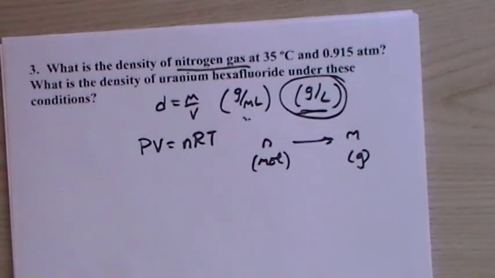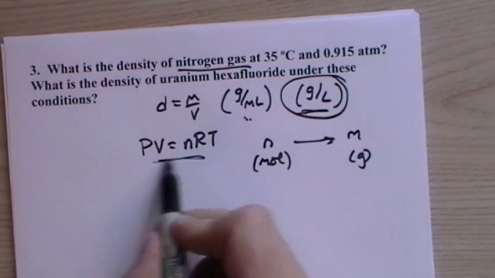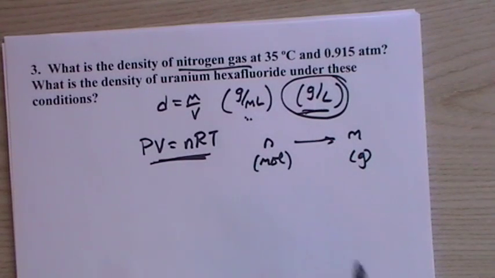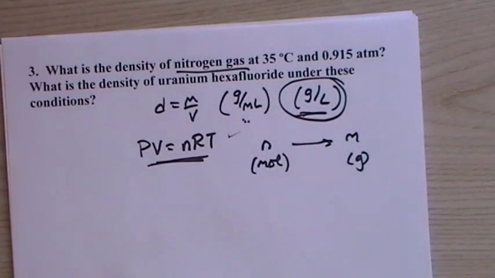Now, if you've done this type of problem before, you may have seen this done in a different way, where they take the equation and convert it over to units of density, or they put density into the equation. I don't do that because I like to just stick with the equation that we have.